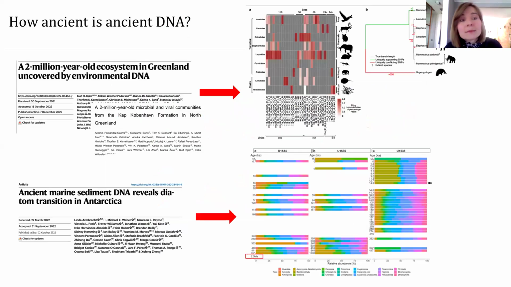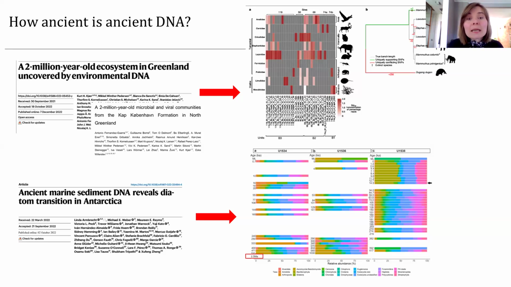Now we know that it can be even longer, because the oldest sedimentary ancient DNA records known up to now span about 2 million years, or can even reach up to around 2.5 million years.